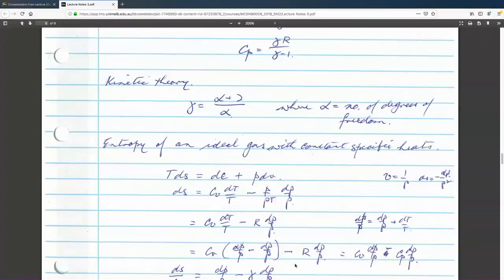So this dV is d of 1 upon rho, which is minus 1 upon rho squared d rho, right? And so I've got the rho squared, and I've got the T, and the minus P, and I've got a d rho here. So I have this expression. P is rho RT, so this is minus R. So dS is Cv dT over T minus R d rho over rho.